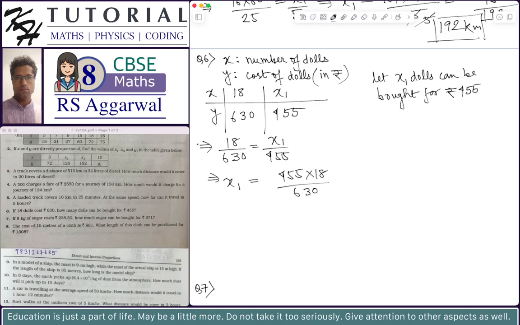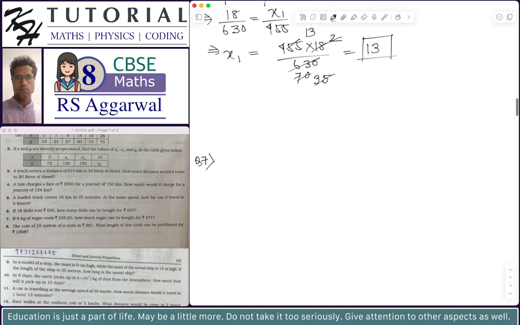So 9 divides 18 with 2, 9 divides 630 with 70, 2 divides 70 with 35, and 35 must divide 455 with 13. So 13 dolls can be bought for rupees 455.